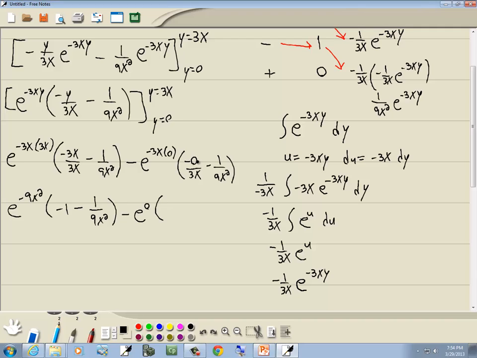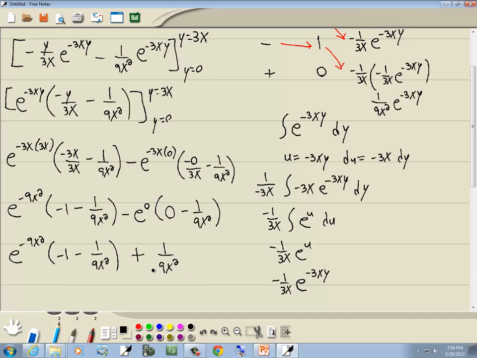And negative 0 divided by 3x is 0, minus 1 over 9x squared, which gives us e to the negative 9x squared times negative 1 minus 1 over 9x squared. Now e to the 0 is 1, so that drops away. And here we have a negative negative, which gives us a positive. So we're going to have plus 1 over 9x squared.